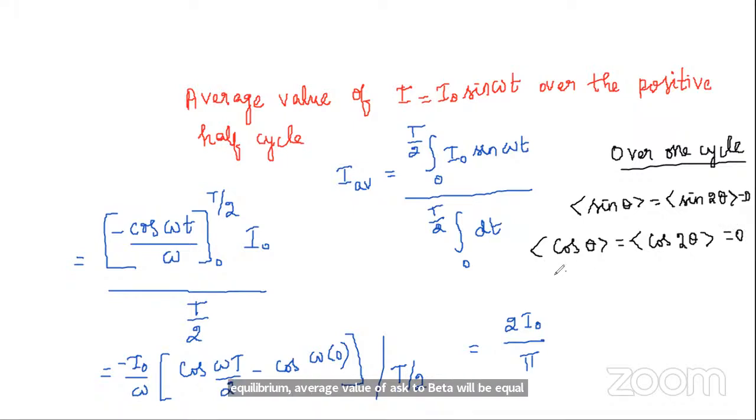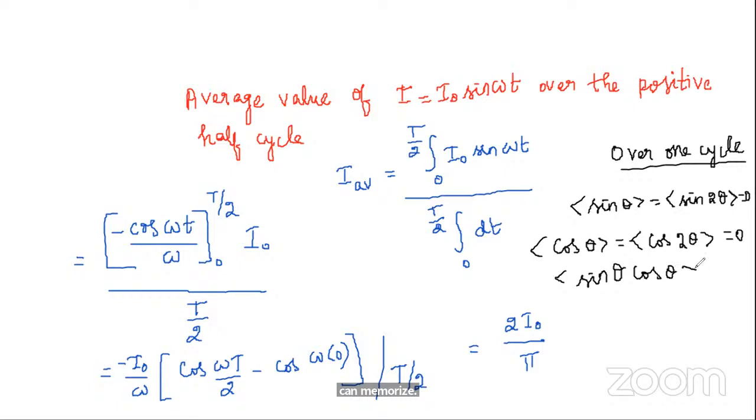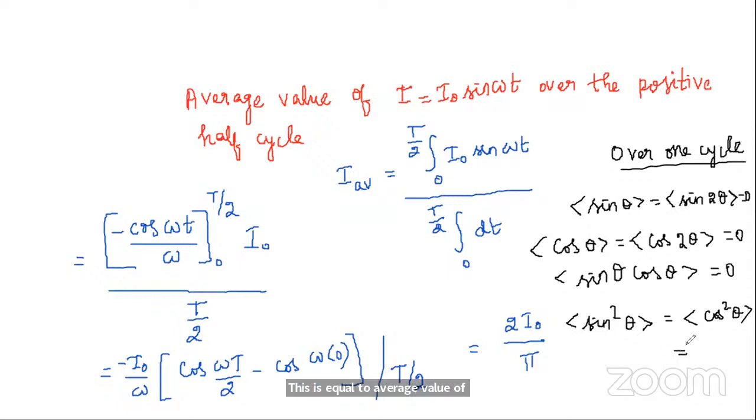These are some standard equations you can memorize. The average value of sin theta cos theta will be 0. And the average value of sin squared theta is equal to the average value of cos squared theta, which is 1 by 2.